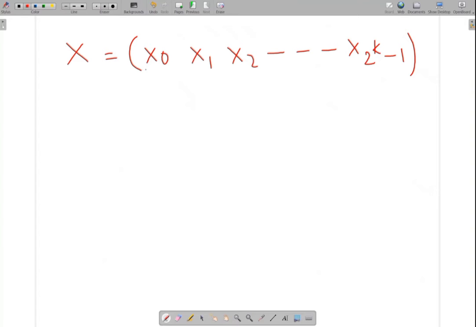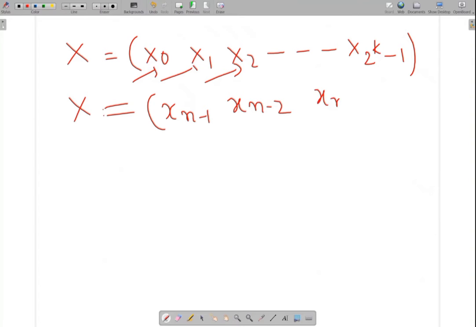Individual encoded code word of the cyclic code is represented by capital X. Here n elements are there, where n is the number of encoded elements in each and every code vector. It is represented by xn minus 1, xn minus 2, xn minus 3, and so on, x1, x0.